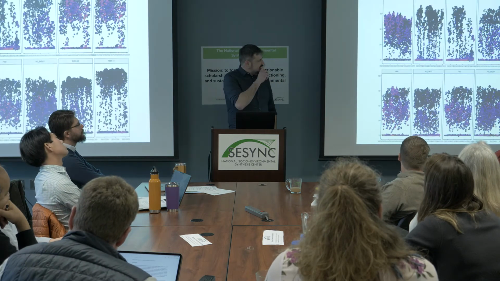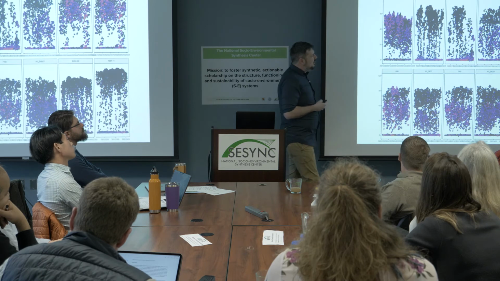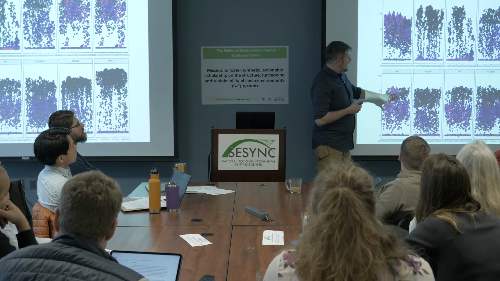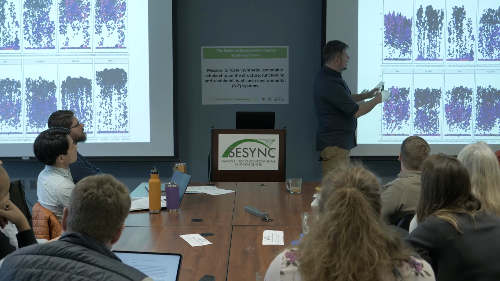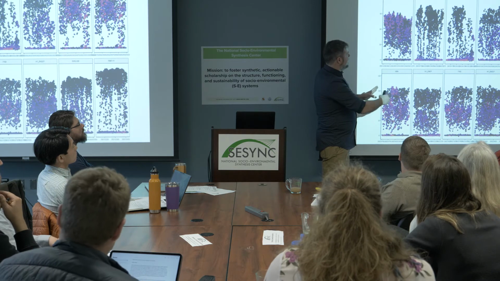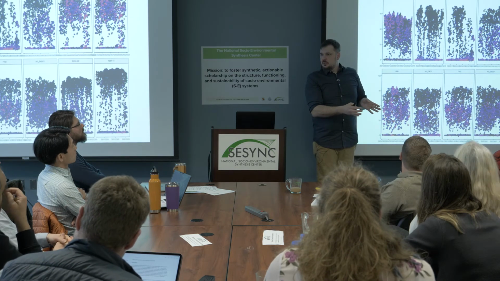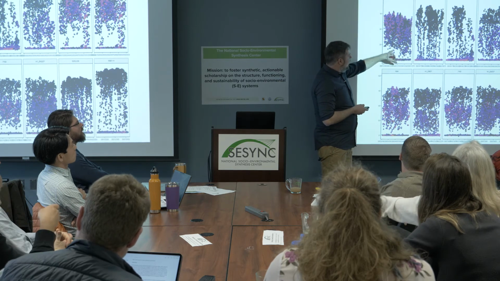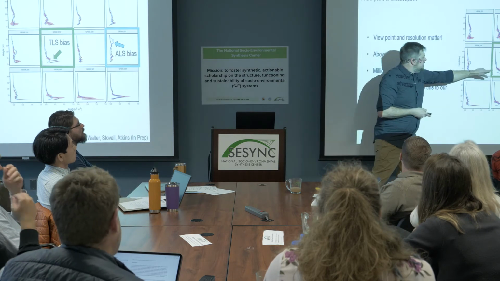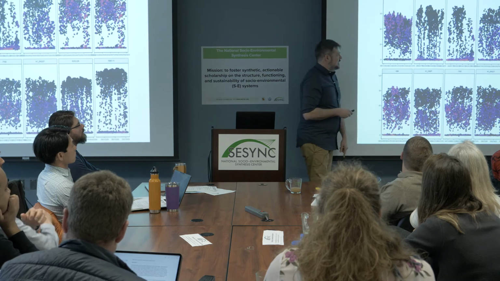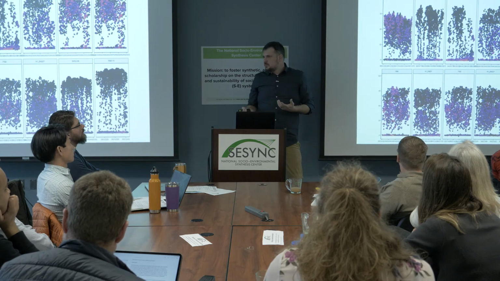So to give you a scan, these are different forests here, cut to the plot level, and half of these are hemlock forest, half of these are mixed deciduous forest, right? So we know that there's this bias that we're getting from these sensors. One of the things we can do with this is start to look at species identification.